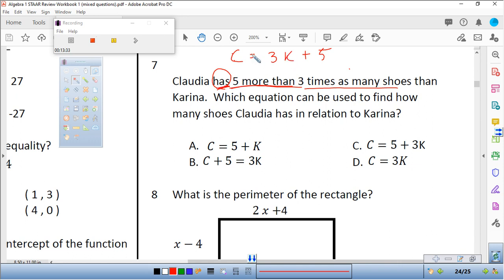So this is the is right here. Claudia has 5 more than 3 times as many shoes than Karina. So she has more, so you got to do stuff to Karina to go ahead and make hers equal to Claudia. I think it's this one. It's not. No. Yeah. See.